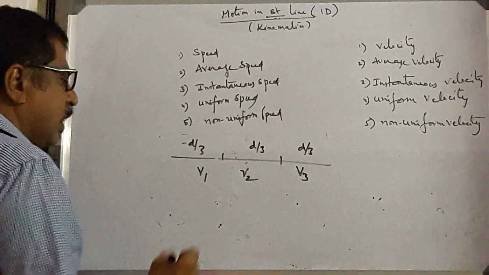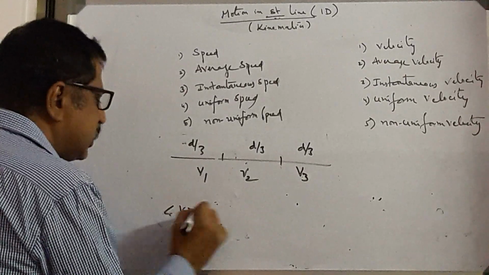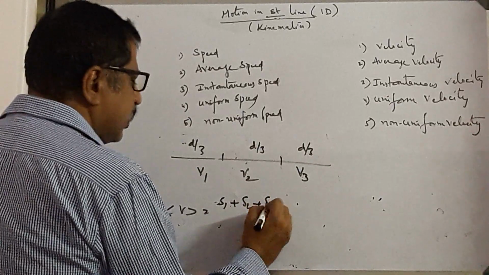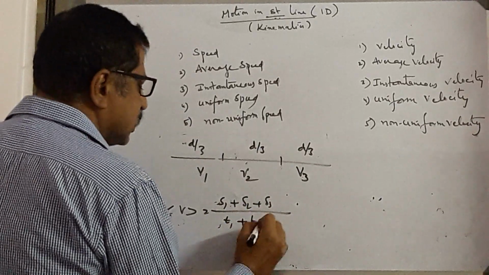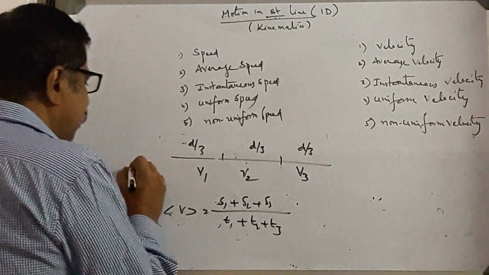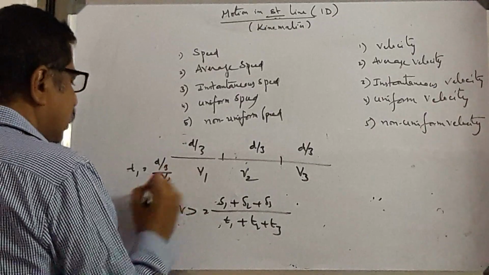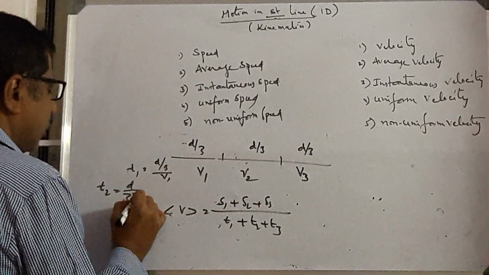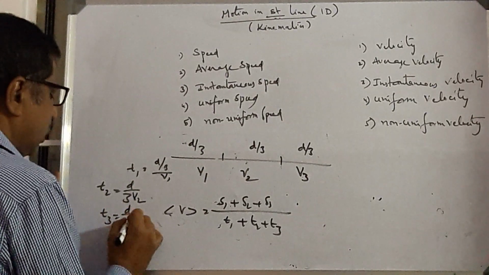Then the average speed of a body is given by V average equals (S1 plus S2 plus S3) by (T1 plus T2 plus T3). Here T1 is d by 3v1, T2 is d by 3v2, T3 is d by 3v3.